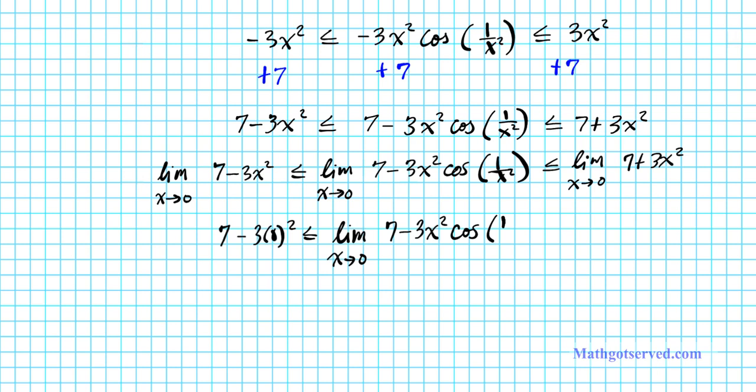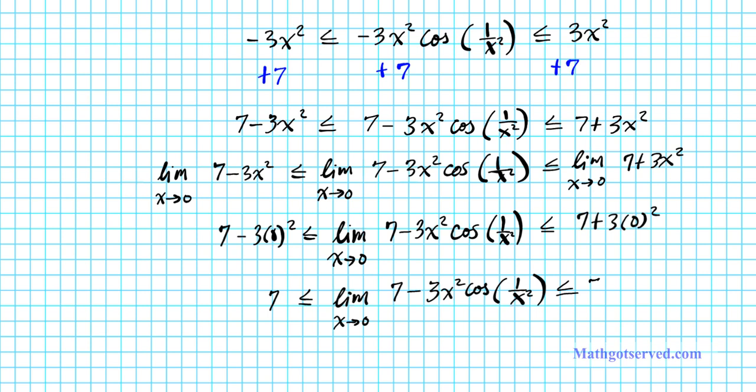So don't touch this one right here. And then this one here, we evaluate this limit by substitution: 7 plus 3 times 0 squared. All right. And then what do you notice? You notice that you have 7 is less than or equal to the limit as x approaches 0 of the expression 7 minus 3x squared cosine(1 over x squared), and that's less than or equal to 7.